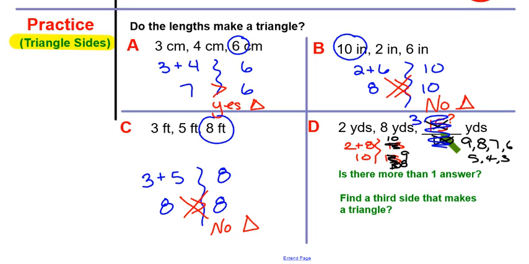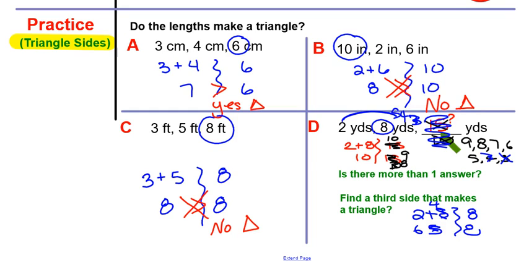Now when I have that, my largest side is the 8, and I have to compare the 2 and the 3. Is 2 plus 3 more than 8? And the answer is no, it's not. 5 is not more than 8. So I go back and I take out the 3. Could it be a 4? Is 2 plus 4 more than 8? Nope, it's a 6.